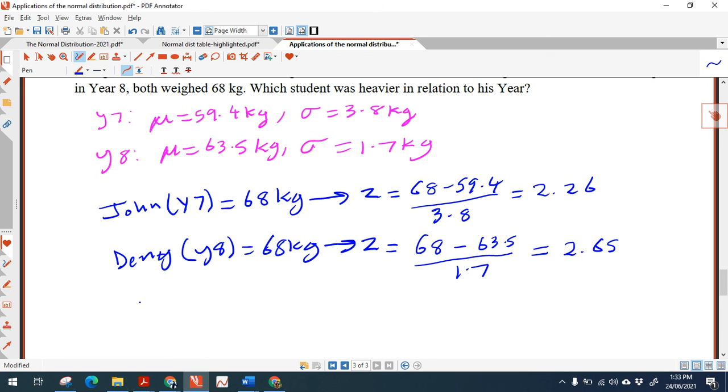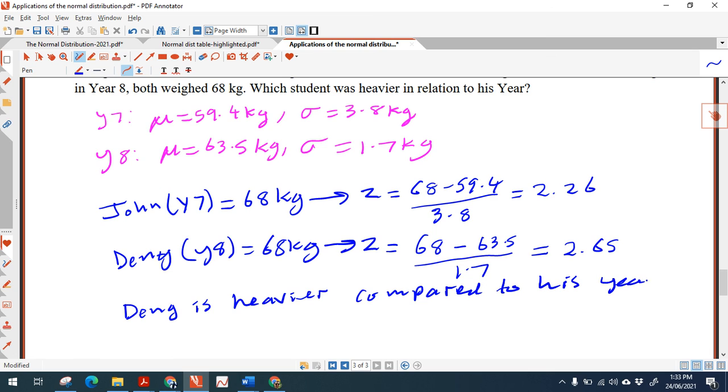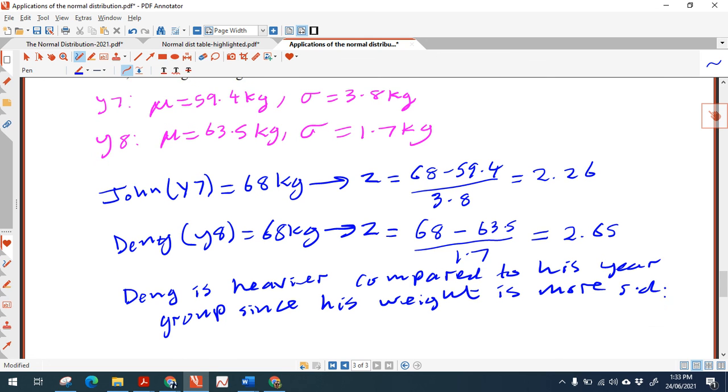So we would say Deng is heavier compared to his year group, since his weight is more standard deviations above the mean.